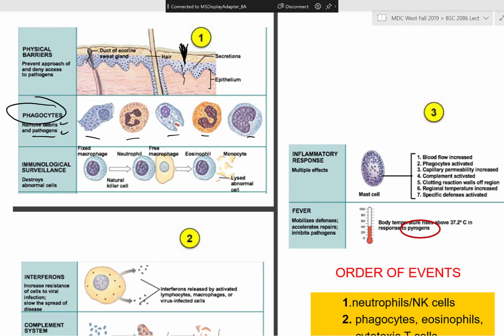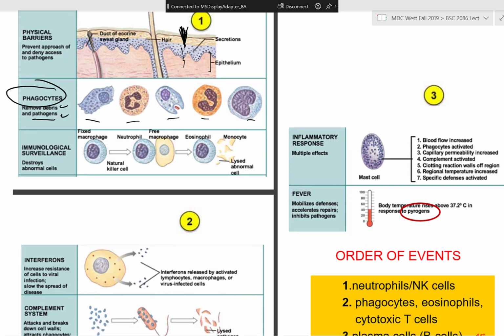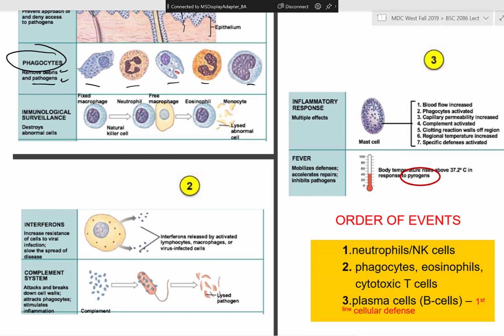The role is the same. So a macrophage is found in your tissues. A monocyte is found in your bloodstream, just a difference in location. You also have dendritic cells and Kupffer cells. We're going to talk about that later, okay? But remember that you have different types of cells, with different names, that have the same function based on where they're located.